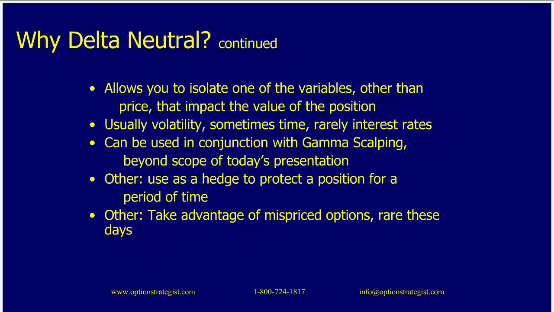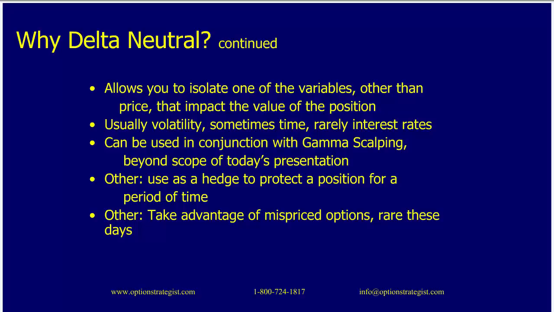And the belief of a volatility trader is that predicting volatility is easier. Not that it's easy. Nobody's giving away money in this game, but it's easier to predict volatility than it is to predict direction. Okay? So anyway, it's usually volatility, sometimes time, and sometimes, not in today's environment so much, interest rates.